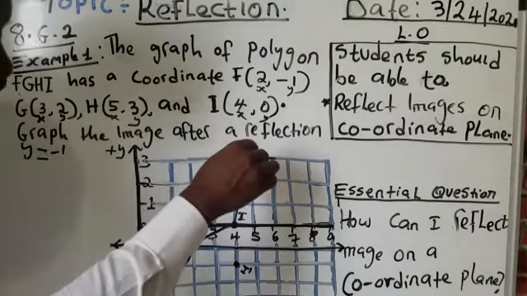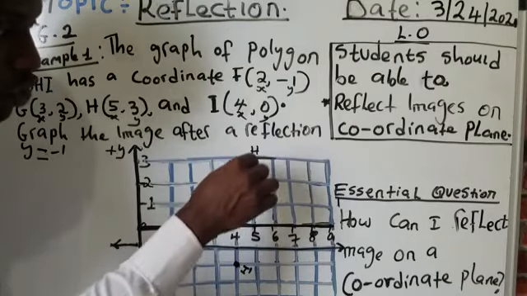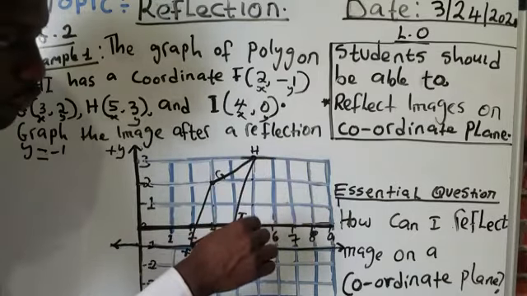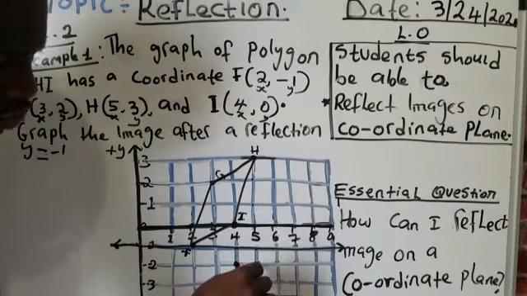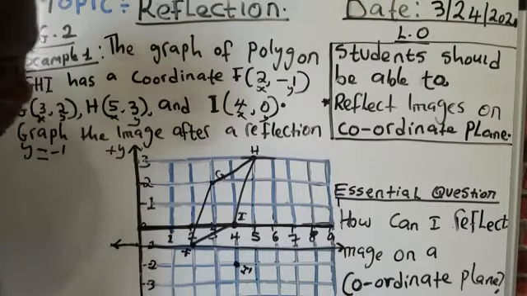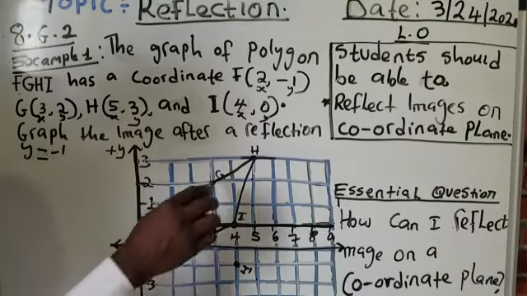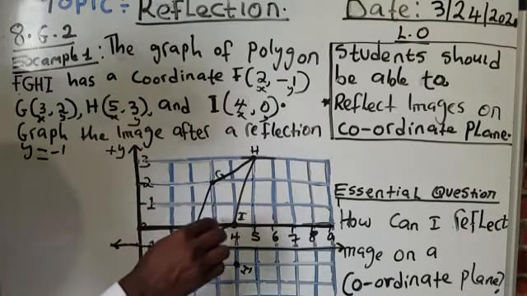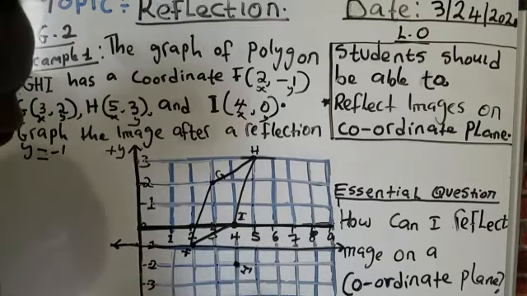Now, for H, let me count how many units down to our reflection line. 1, 2, 3, 4. So I'm going to count the same units downward, 1, 2, 3, 4. This is H prime. Now let's go to G. 1, 2, 3. This is G prime.